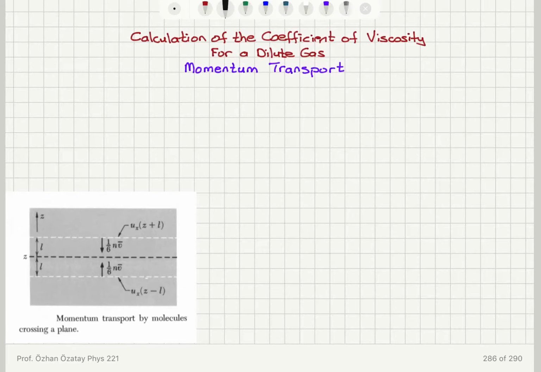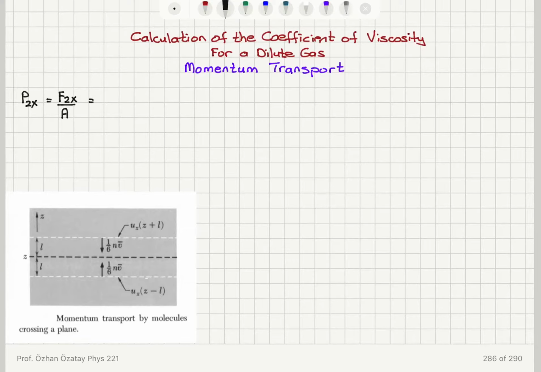Now we're going to use elementary kinetic theory to estimate the coefficient of viscosity, and once again this is not a very rigorous approach that we will take here. So if you remember, Pzx is the tangential stress, which is basically the force in the x direction above the z equals constant plane per area of the z equals constant plane.